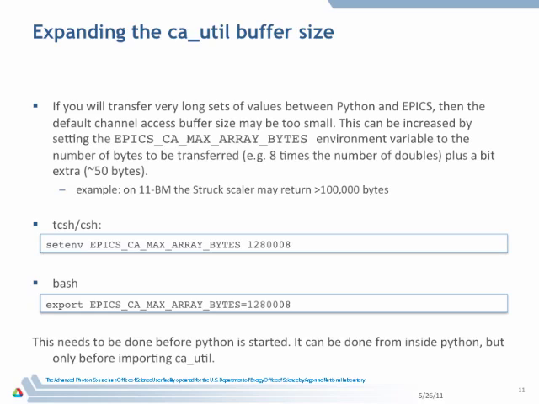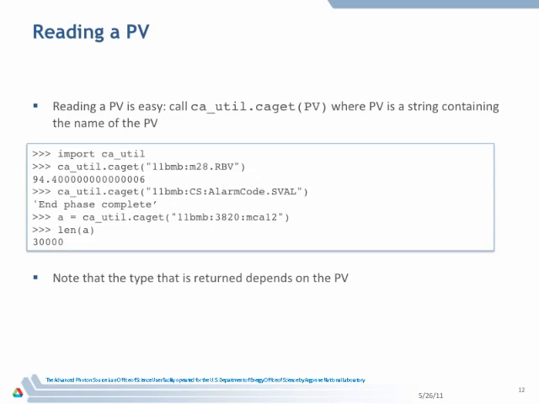And you need to do this either before Python is started, or if you're sophisticated, you can set the environment variable inside Python using the OS routines, but you have to do that before you import CAUtil. So you don't actually have to do this at the shell.